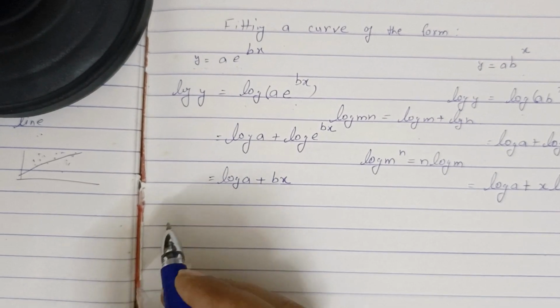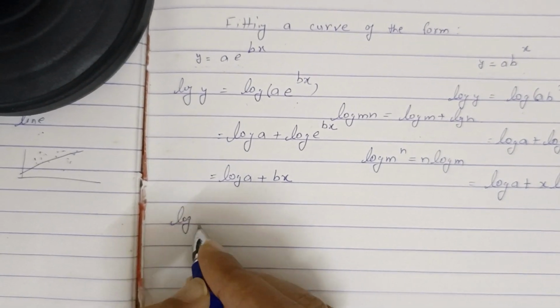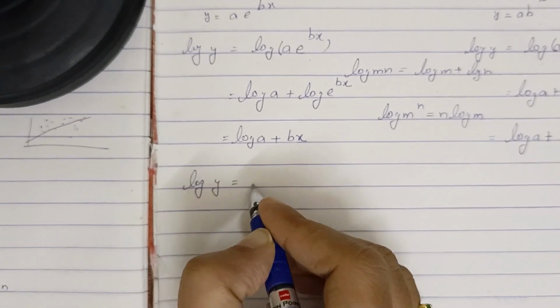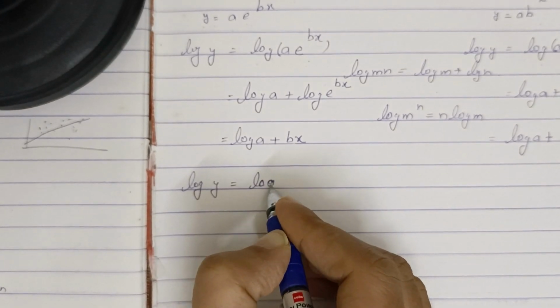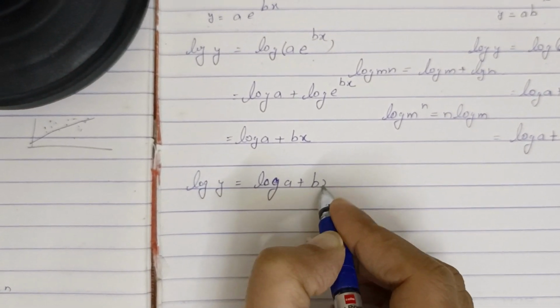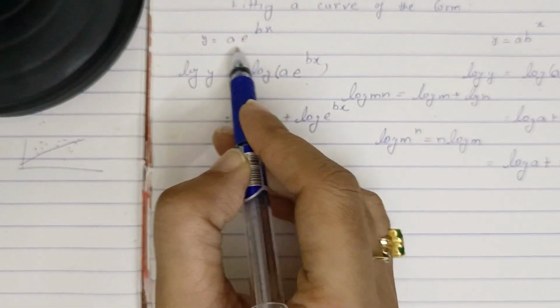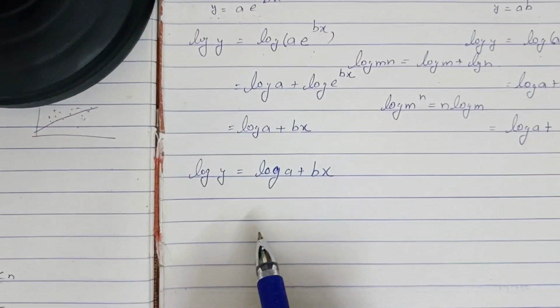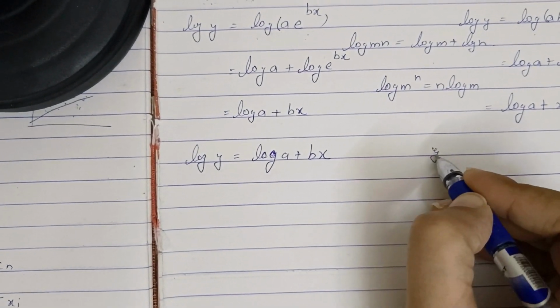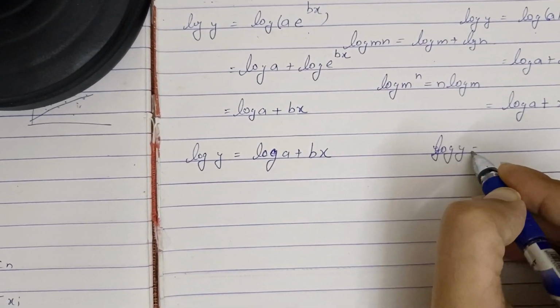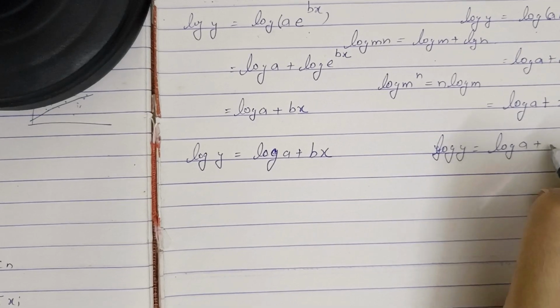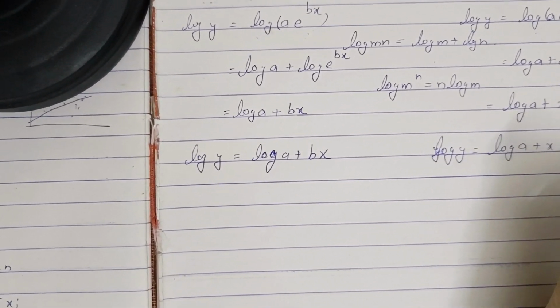So ultimately what you have got is log y is equal to log a plus bx for this type of curve, and on this side you got log y is equal to log a plus x log b.